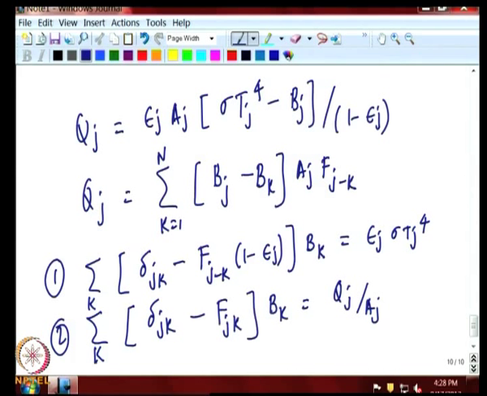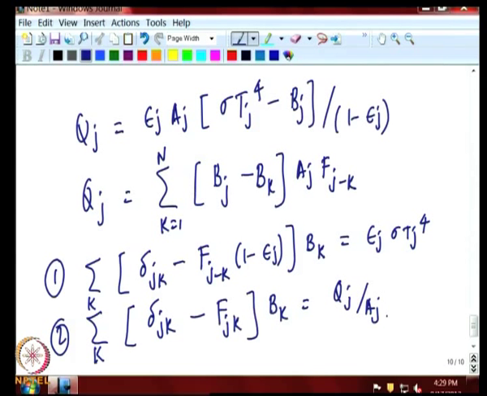In surfaces in which temperature is given, we want to know the unknown heat flux to be supplied to keep the temperature at that value, and in surfaces where heat flux is given, we want to know what temperature that surface will attain. So, in the first case the unknown is Qj, in this case the unknown is Tj.